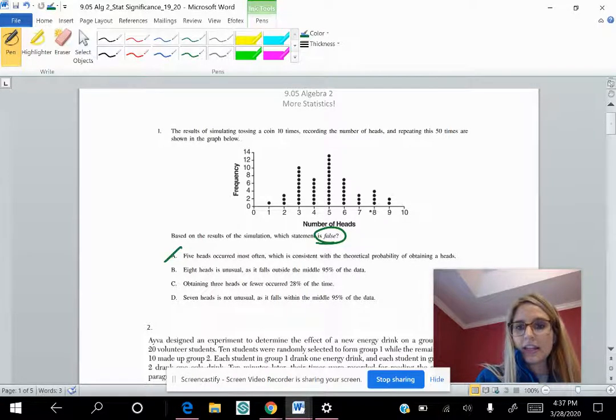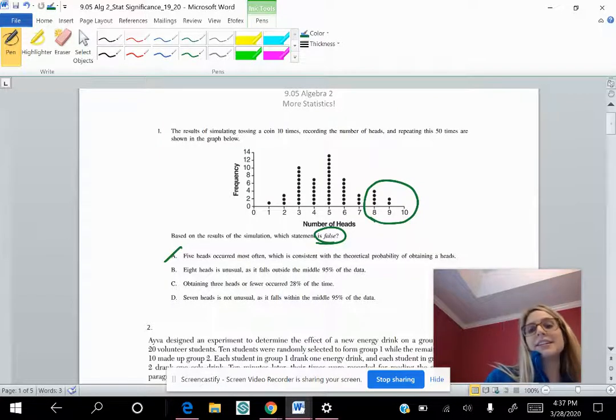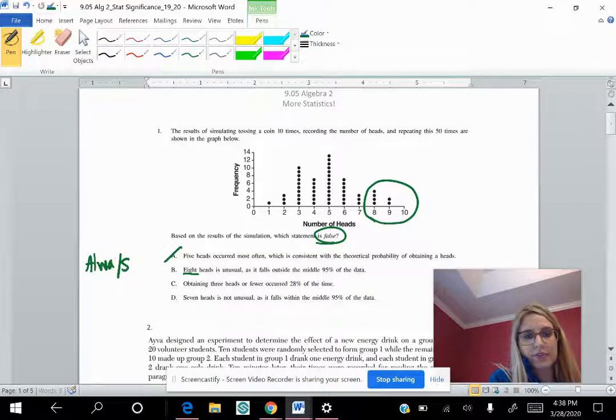Let's find 8. One thing I want to emphasize is that when you're asked to find a number like 8 heads, you always want to include the full tail.